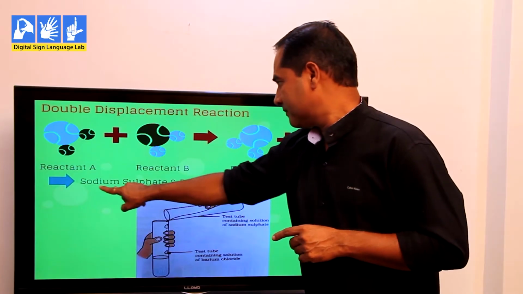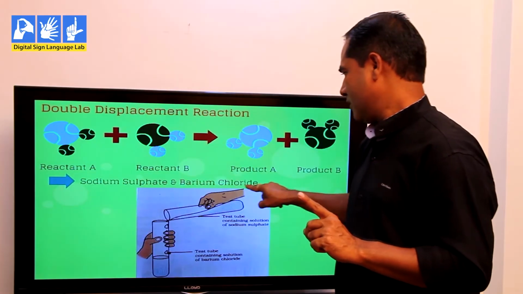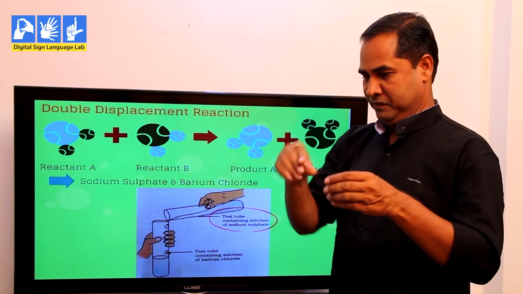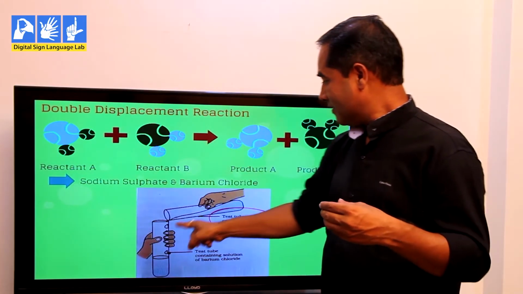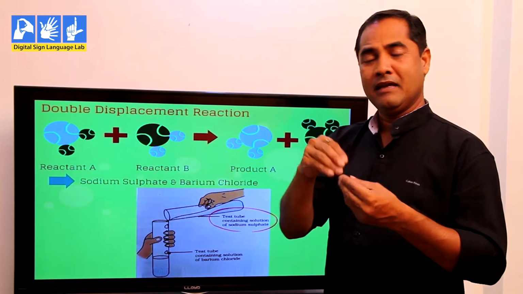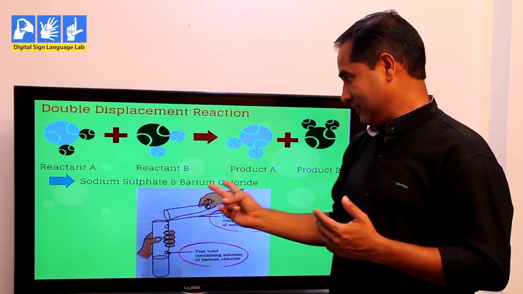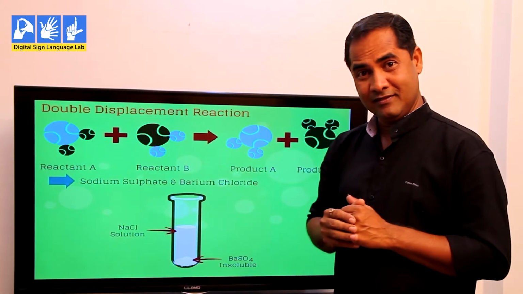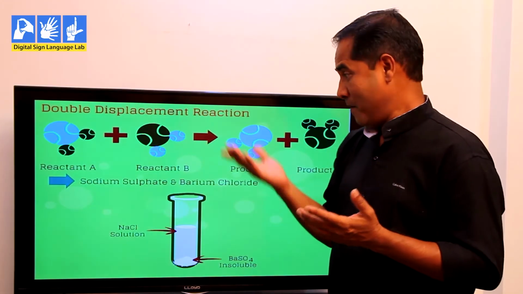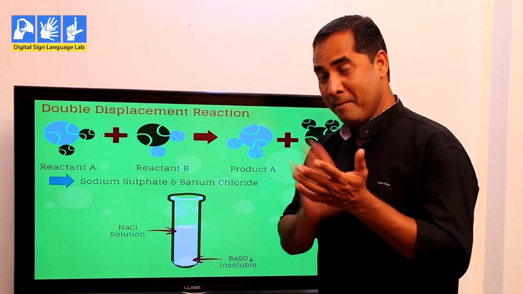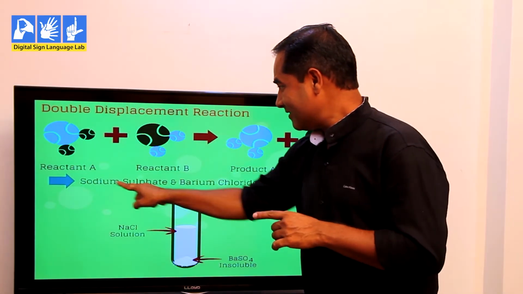So in this experiment, we have sodium sulfate and barium chloride. We take these two solutions and we mix. So what happens when we mix sodium sulfate and barium chloride? So earlier we had the sodium with sulfate and barium with the chloride.